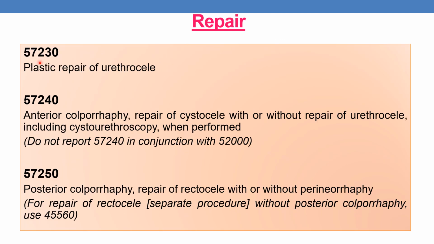Next CPT is 57230. Plastic repair of urethrocele. Next is 57240. Anterior colporrhaphy, repair of cystocele with or without repair of urethrocele, including cystourethroscopy when performed. And do not report 57240 in conjunction with 52000.